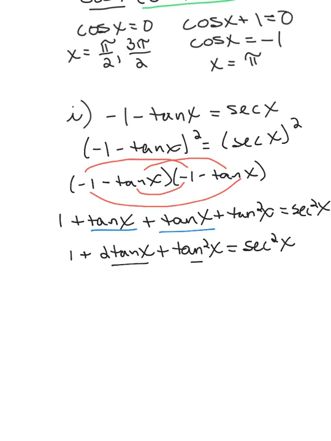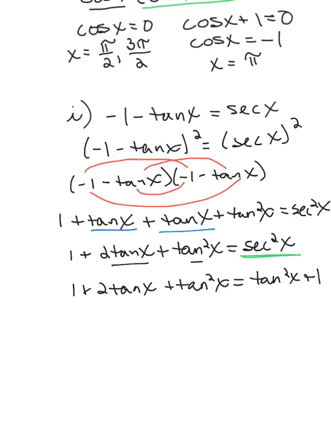So I'm going to go the other way and I'm going to substitute tangent squared, however that works, for the secant squared. So we're going to leave the left side alone. We have 1 plus 2 tangent of x plus tangent squared of x equals, replace the secant squared with what it's equal to from the Pythagorean identity, which is tangent squared x plus 1.